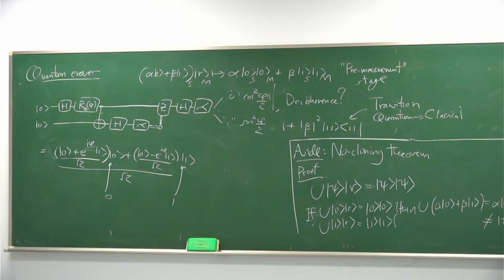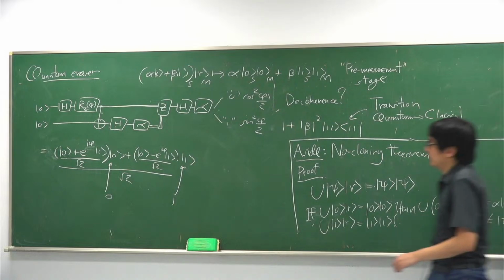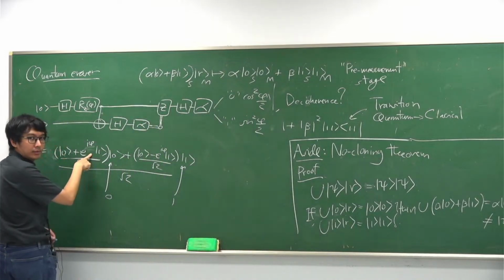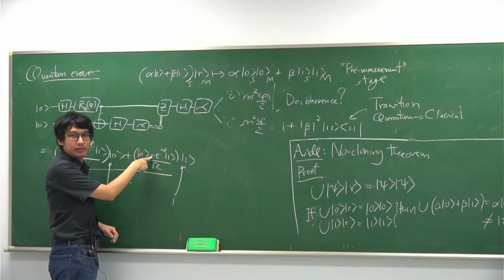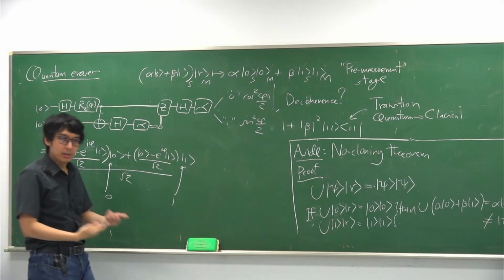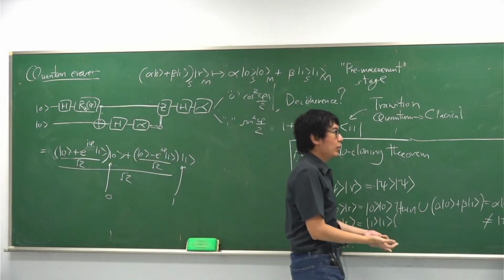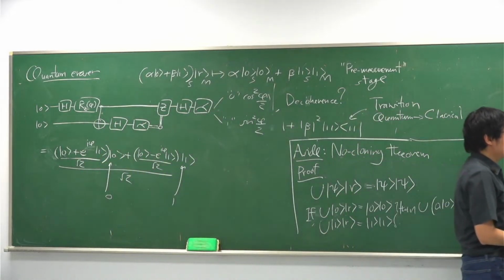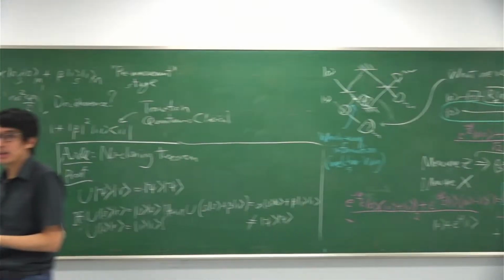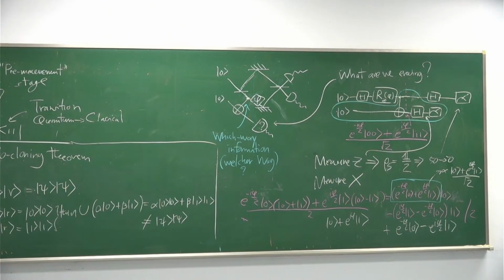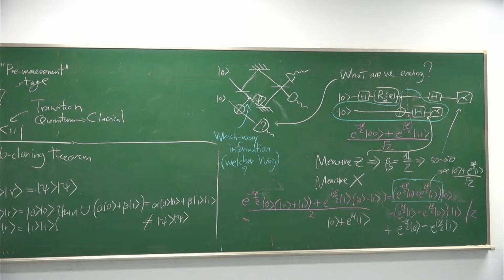Because if you don't have this part at all, then after the rotation I will get this state, or this state after the Z flip. And then when I do the Hadamard, I get into the state where the amplitude of the 0 state is cosine, and the amplitude of the 1 state is sine. Okay, so next time we will talk about why this works and what the implications of this are.